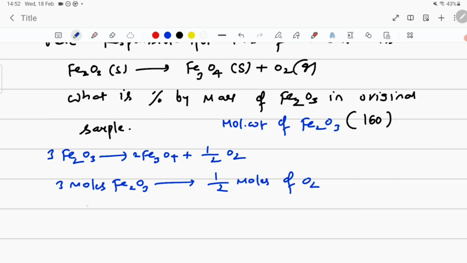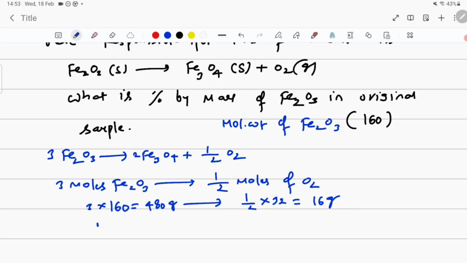So 3 moles of Fe2O3 meaning 3 into 160, molecular weight is 160, so it is 480 grams. 480 grams giving half into 32, which is 16 grams.